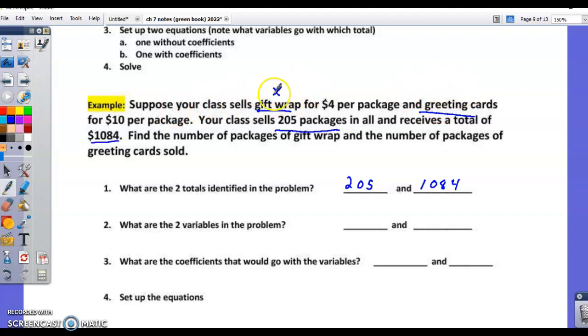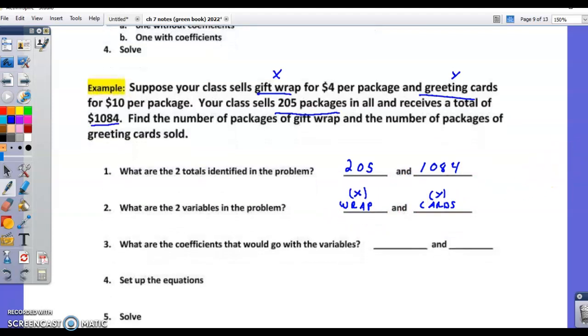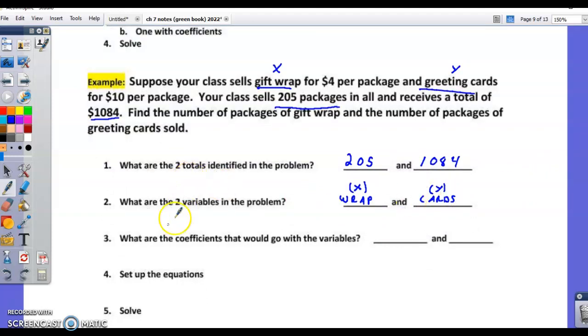So I can call gift wrap X and greeting cards Y, but those would be our two variables. So gift wrap, let's call that X, and cards Y. We're going to just put the variables by them. You can call it W and C for gift wrap and cards. It doesn't matter, but we're used to using X and Y, so I'm going to stick with that.